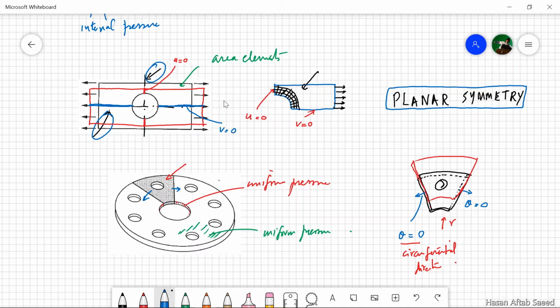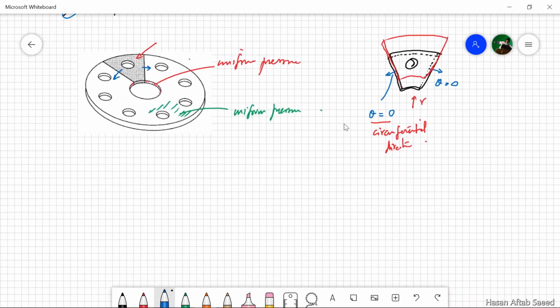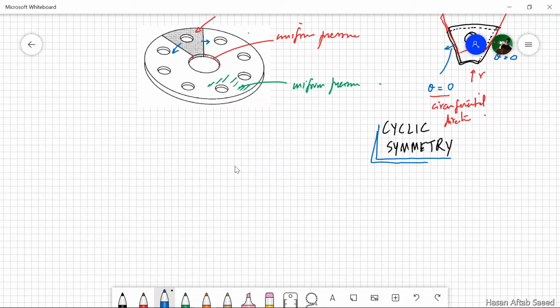So here v is equal to 0, and that is what we had already said here. So similar considerations work here. Now this is as far as symmetries are concerned, and this final symmetry is called cyclic symmetry. So we have axial symmetry, planar symmetry, and cyclic symmetry.